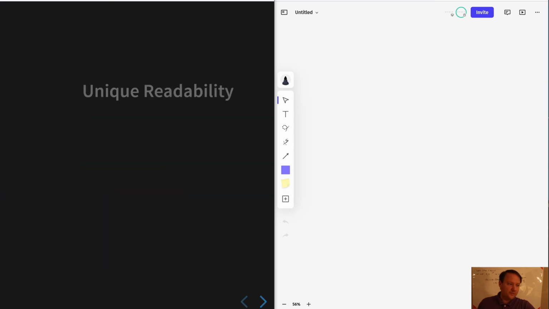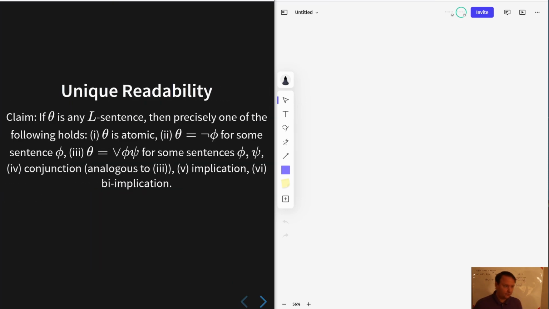Now what we want to prove in this video is the unique readability theorem, which says that for any sentence, call it theta, it must satisfy precisely one of these 6 conditions. It is either atomic, or it is a negation, or it is a disjunction, or so on.